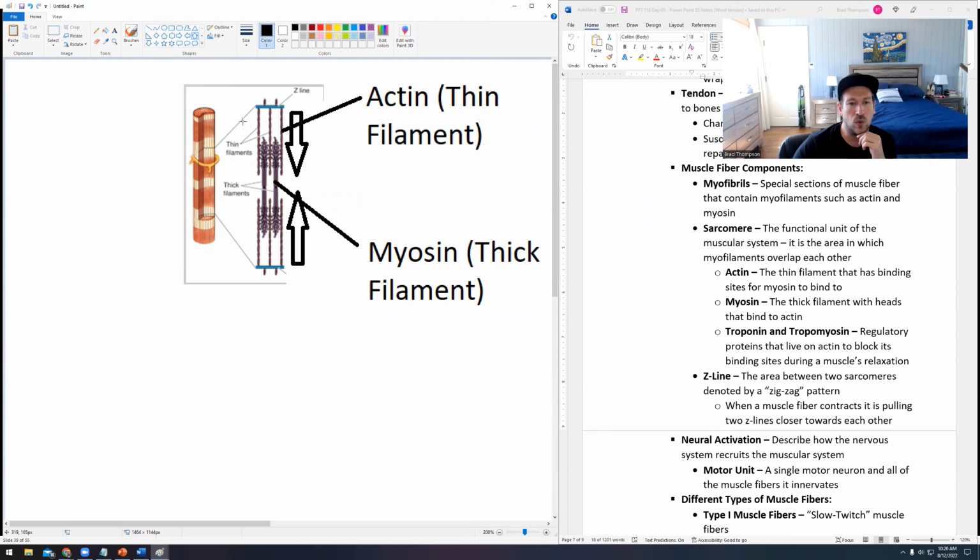So basically, if you were to take this separately, see if I can actually pull this. I don't know if this is going to work or not. Take this separately, and we'll go ahead and rotate this just like this, right? If I take this and just slide it over here, and I take this one and I slide it over here towards the center, this is what's actually taking place during a muscle contraction, right?